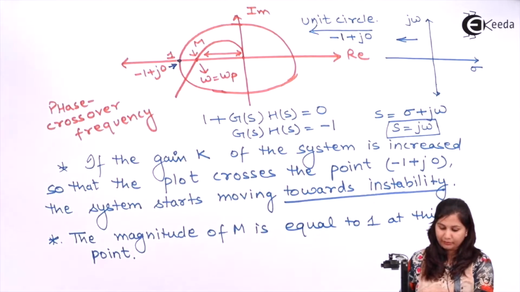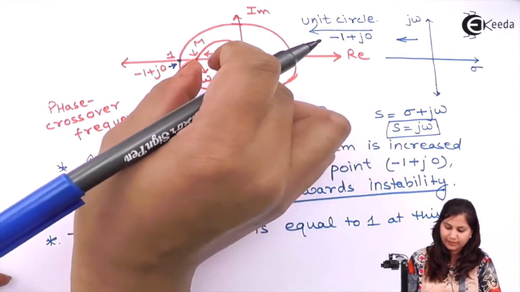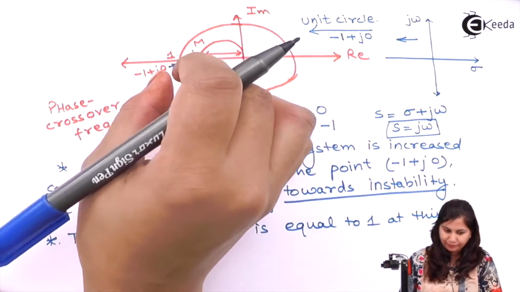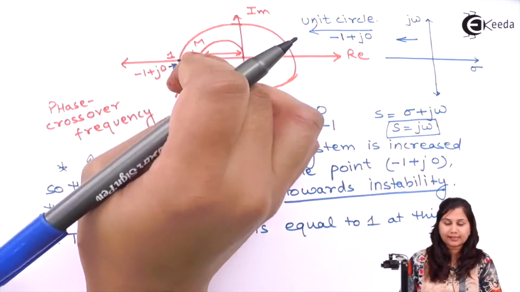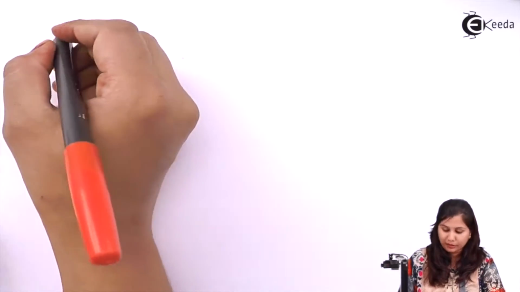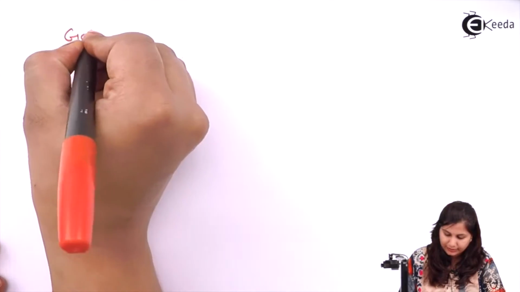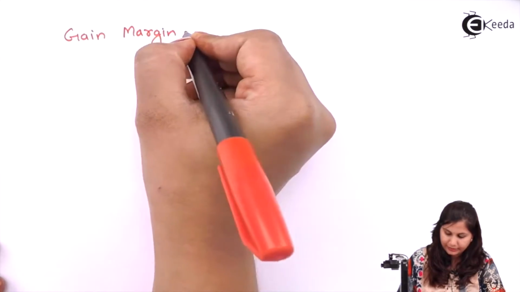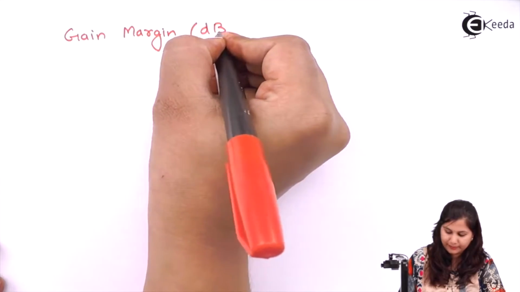Okay, so gain margin, what is it? It is the amount by which we increase the gain so that the system goes to the verge of instability. If we write the formula for the gain margin, we calculate it in dBs, that is decibels.